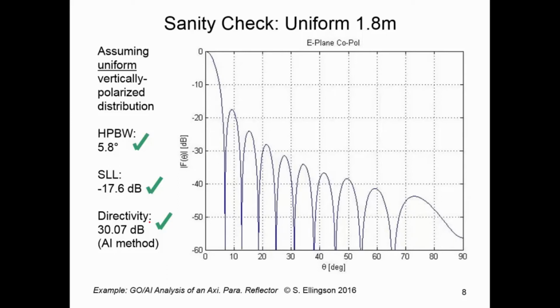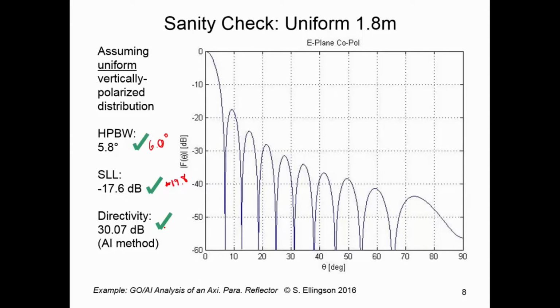We find that the half-power beamwidth is 5.8 degrees, just slightly narrower than 6.0 degrees, which is what we had before. And the side lobe level goes up a little bit. This was about minus 19.8 dB in the previous scenario. And the directivity goes up to 30.07 dB, as we would expect if the aperture magnitude is uniform.